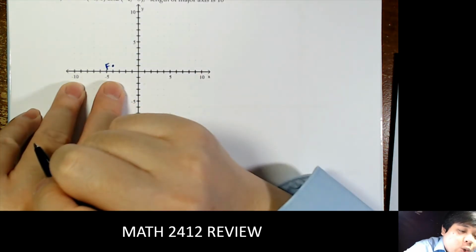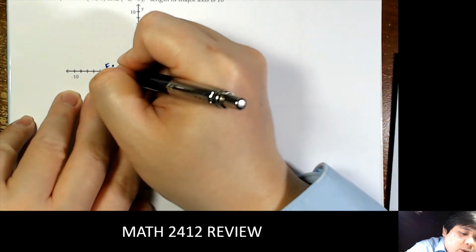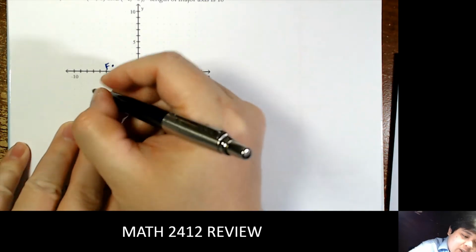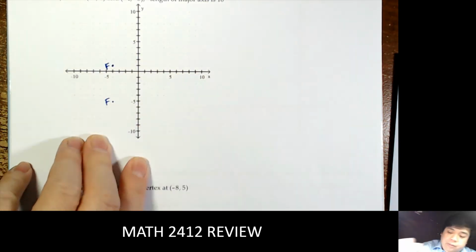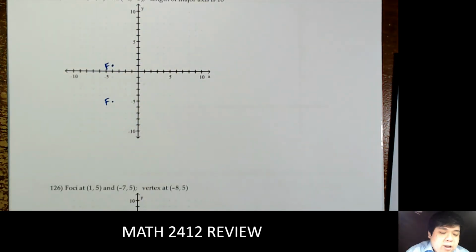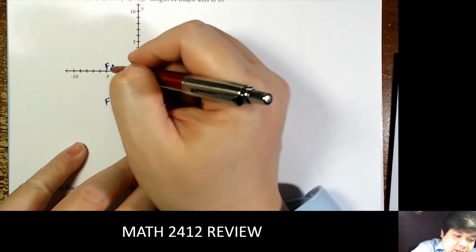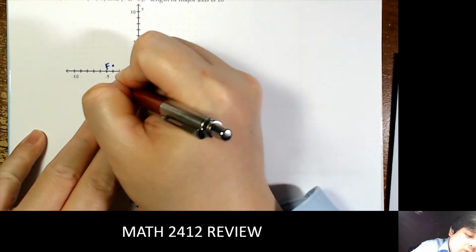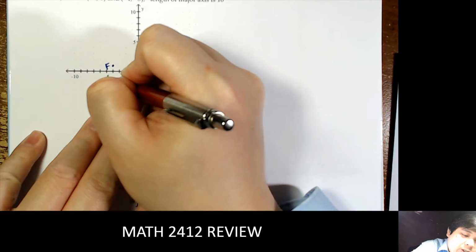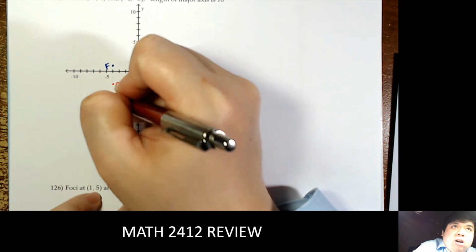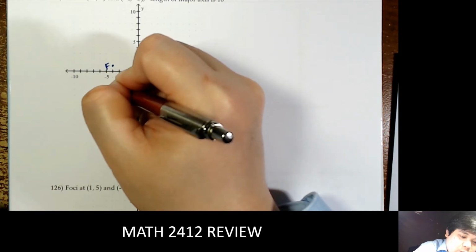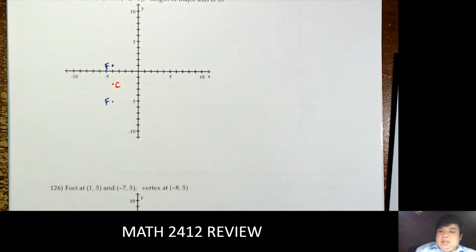And x equal to negative 4, y equal to negative 5 will be here, another focus. Now this one, what we are given are two foci, and then we know that the center must be right in the middle because it is symmetric on the center. So 1, 2, 3 up and 3 down.